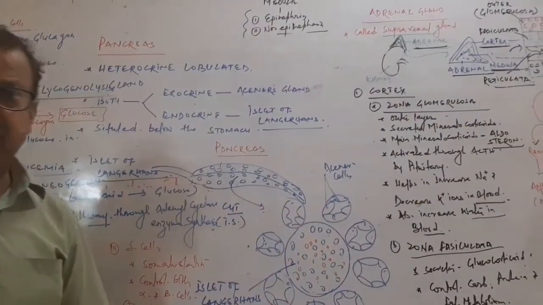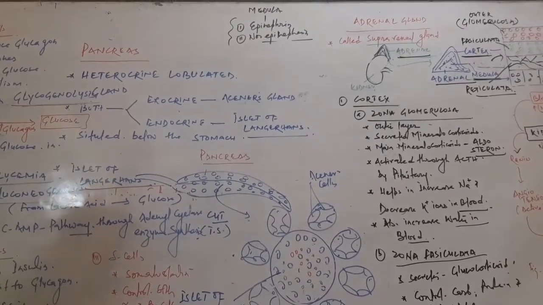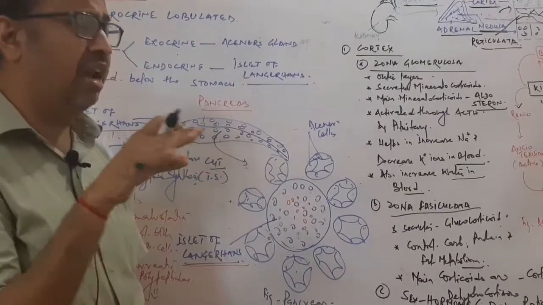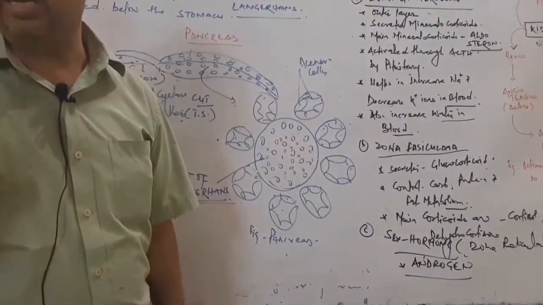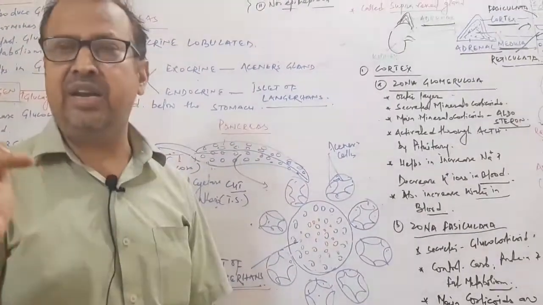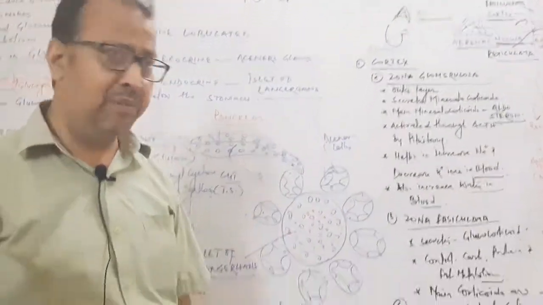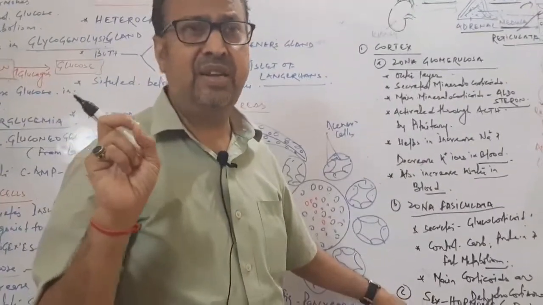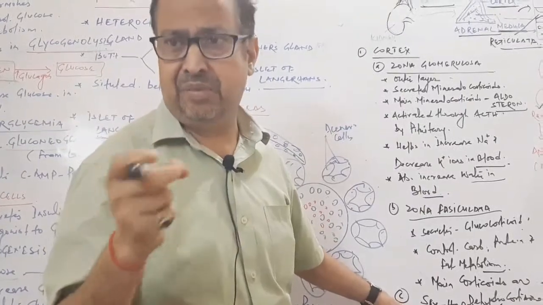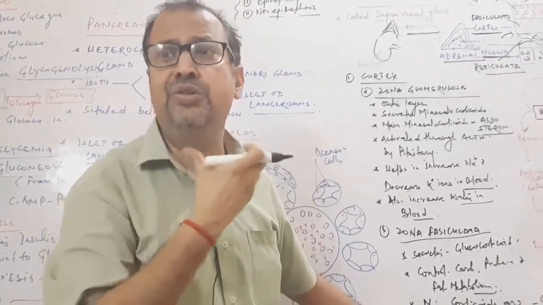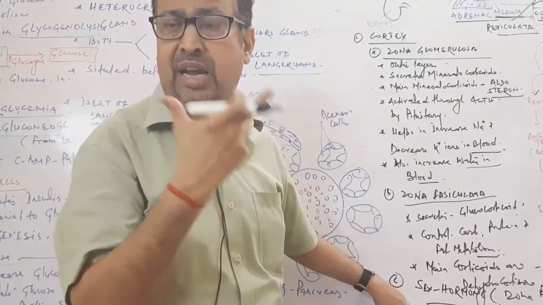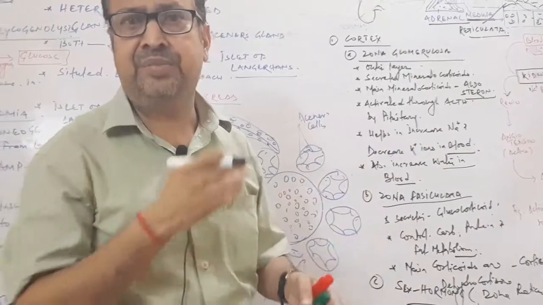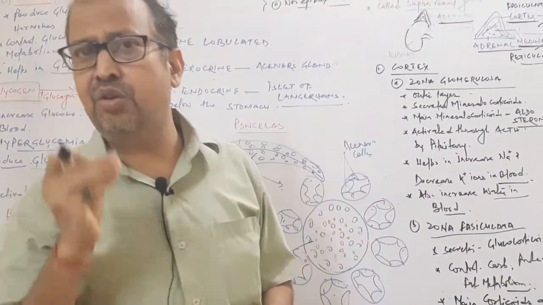The main sex corticoids are androgens. In males, androgens can produce gynecomastia, which is abnormal enlargement of the breast like a female. In females it shows virilism, which means the female shows a male behavior pattern, inducing a low, deep voice like a male.